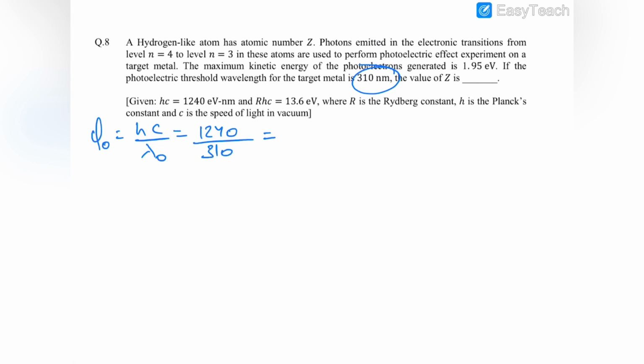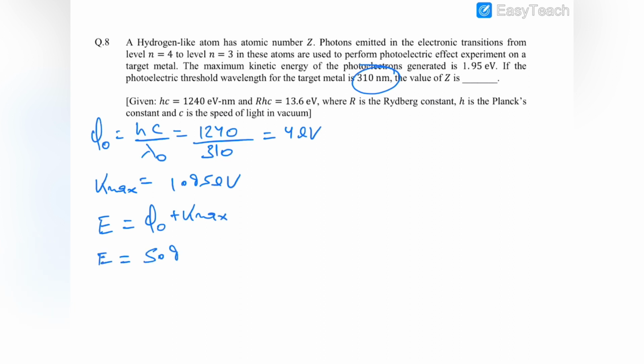So this work function would be equal to 4 eV, and the maximum kinetic energy is 1.95 eV, and therefore the energy of photon would be phi naught plus k max. So energy of photon would be 5.95 eV.